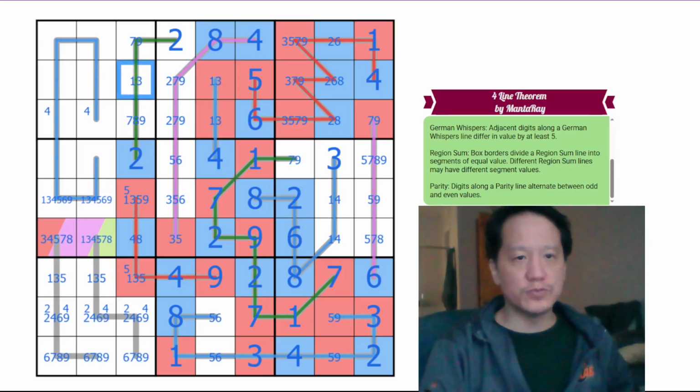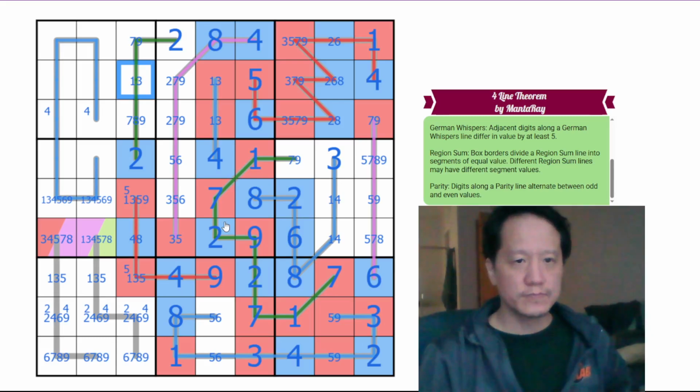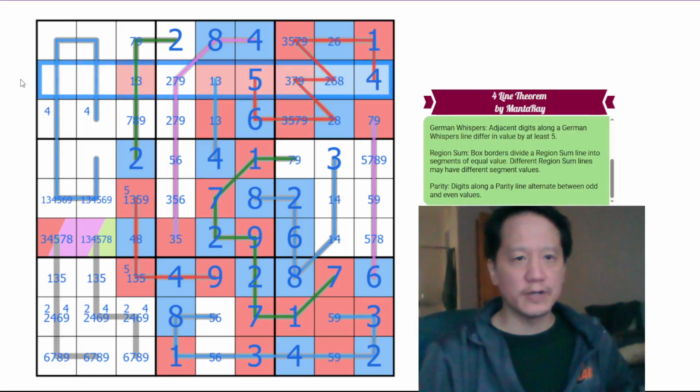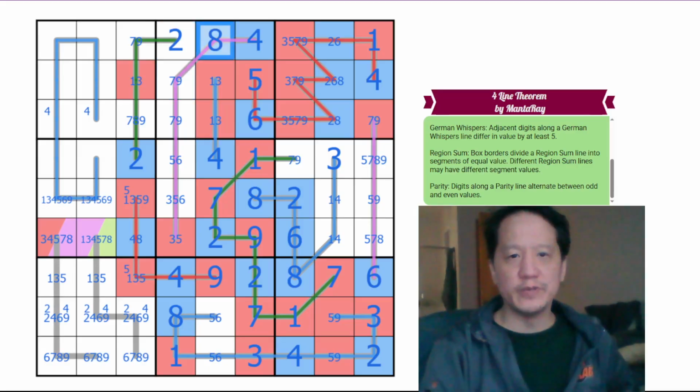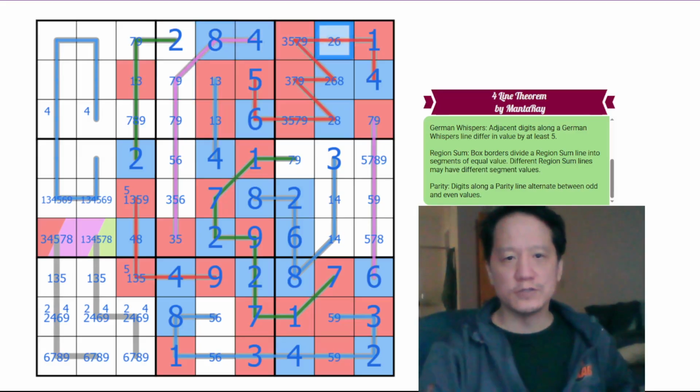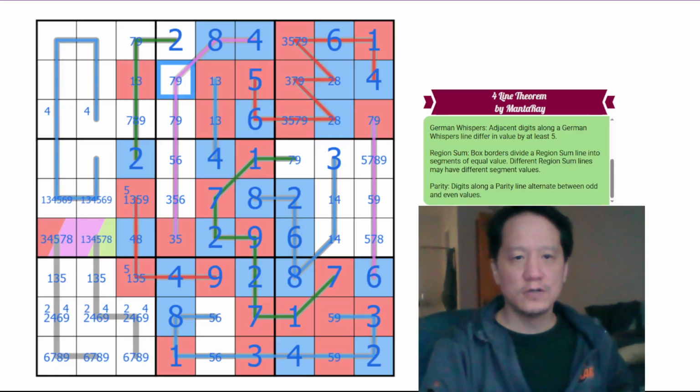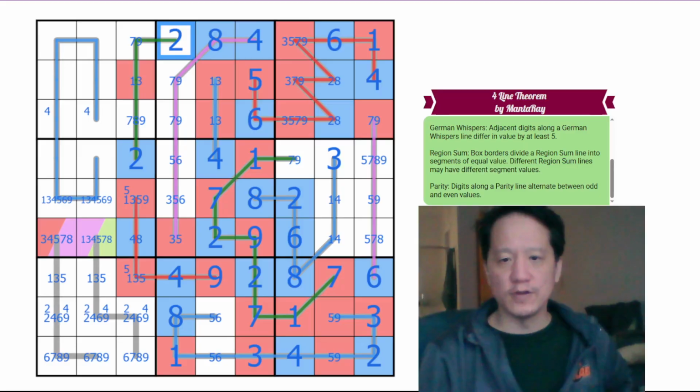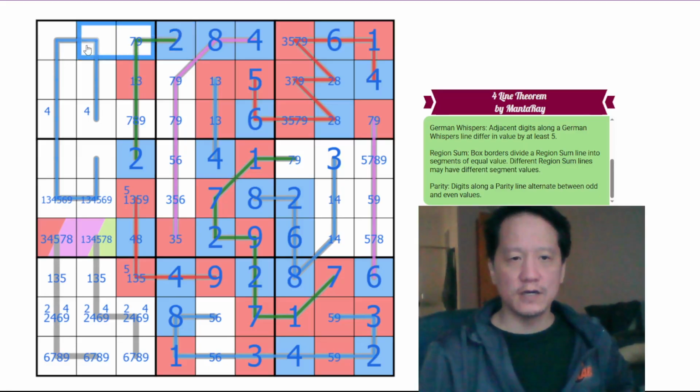It could be 1 or 3, actually. This is odd. We have a 1, 3 pair in row. This 2 eliminates 2 here. It also eliminates 2 here. So this is 6. This can't be 6 here. This is even, which means the remaining digits in the row are all odd.